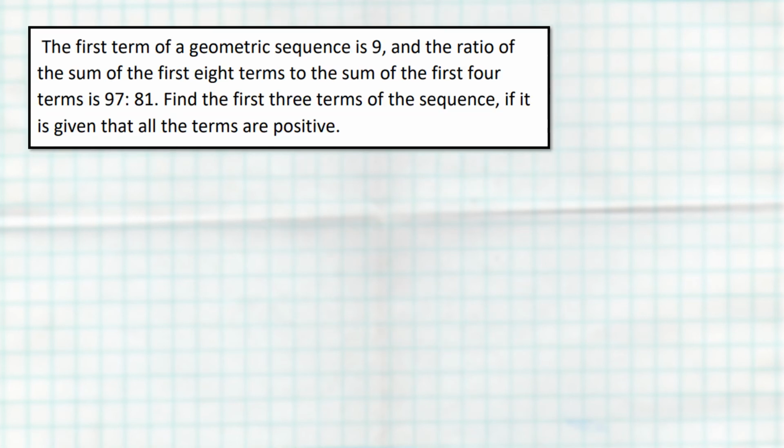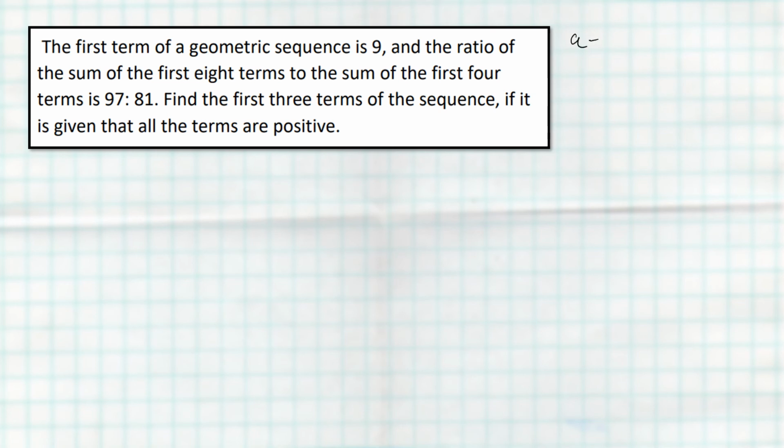Okay, let's take a look at our last problem, and this one is focusing on ratios, right? One of our last challenging questions on sequences and series. So it says the first term of a geometric sequence is 9.